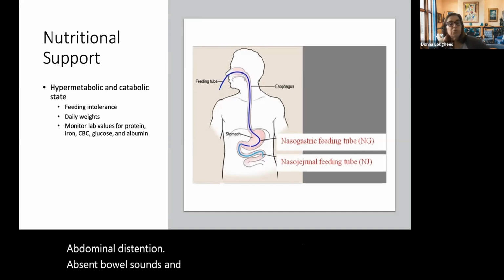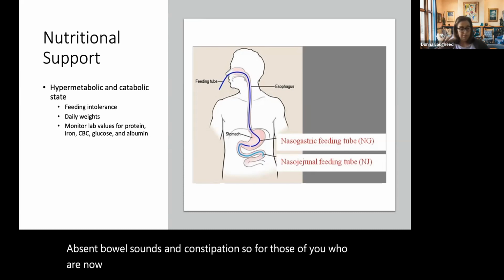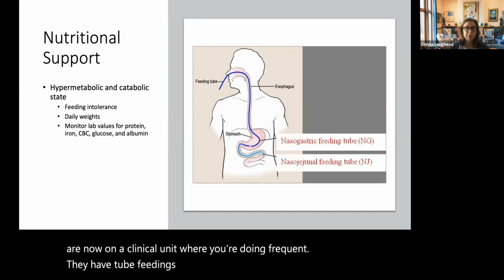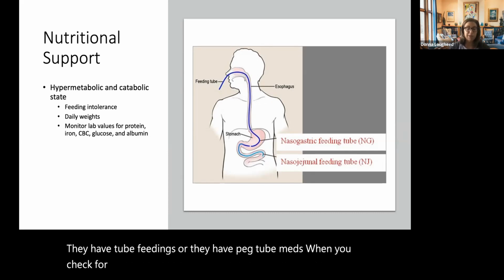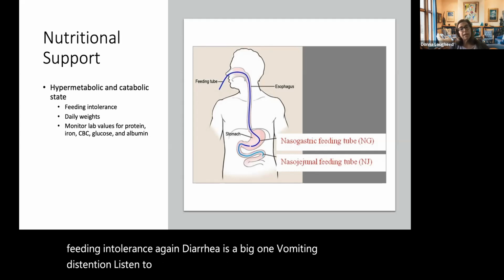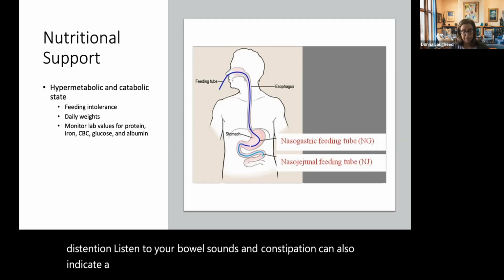So for those of you who are now on a clinical unit where patients have tube feedings or PEG tube meds, when you check for residual, you're doing that because you're checking for feeding intolerance. Again, diarrhea is a big one, vomiting, distension, listen to your bowel sounds, and constipation can also indicate a feeding intolerance.